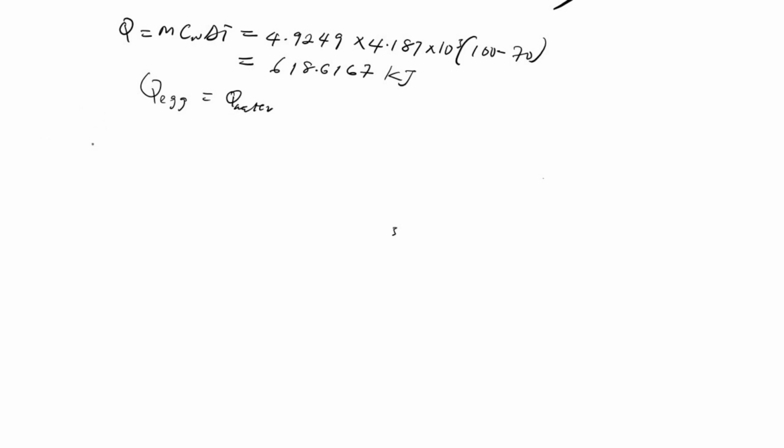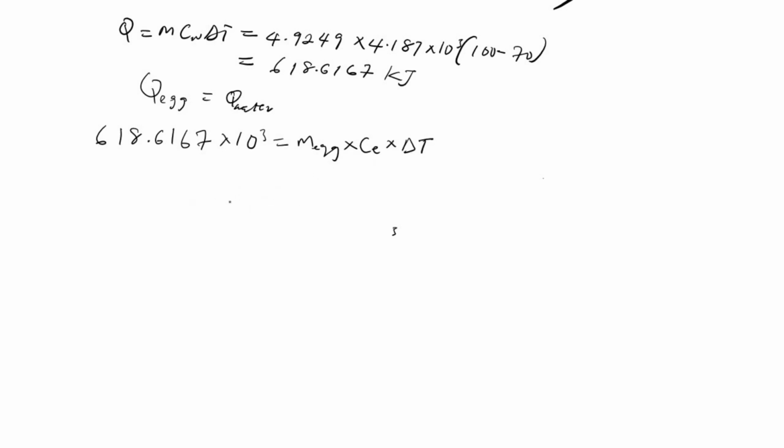So we have the heat lost by the water to be equal to 618.6167 times 10 raised to the power of 3, because it is kilojoules, which is now equal to the mass of the egg multiplied by the specific heat capacity of the egg multiplied by the change in temperature.